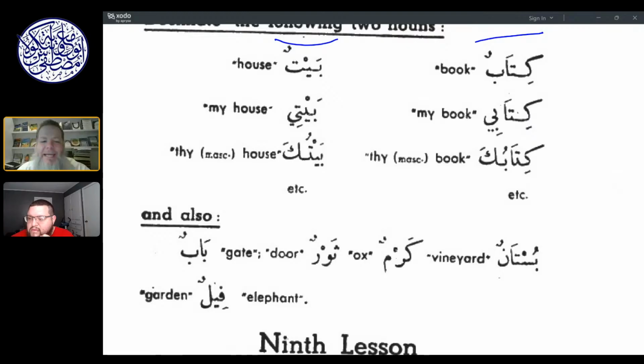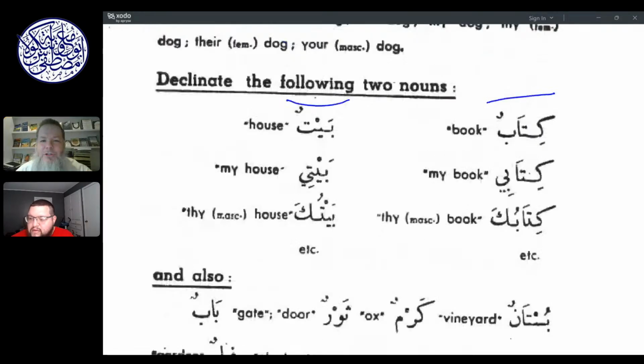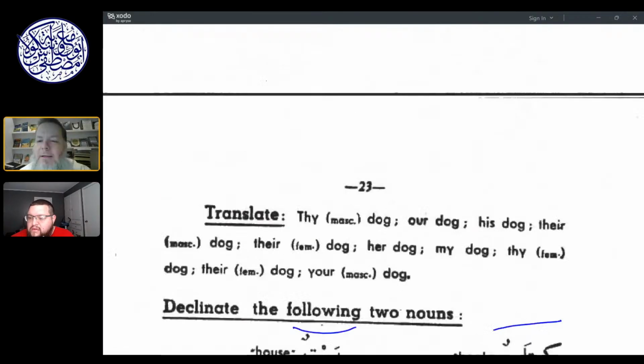Even though it doesn't say it here, I'm just telling you for practice. You can do it. If you remember, I told you the word yed, which means hand. Right? Yedun, hand. I could do yedi, my hand. Yeduka, yeduki, yeduhu, yeduha, yeduna, yedukum, yedukunna, yeduhum, yeduhunna.